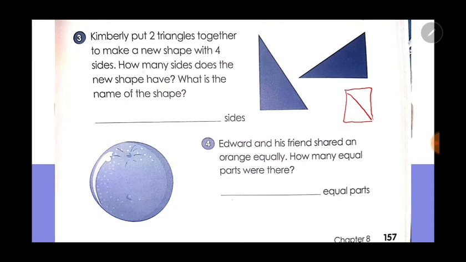Yes, I have a shape with 4 sides. How many sides does the new shape have? Excellent, 4 sides. What do you call the shape? Perfect, it's a rectangle with 4 sides.